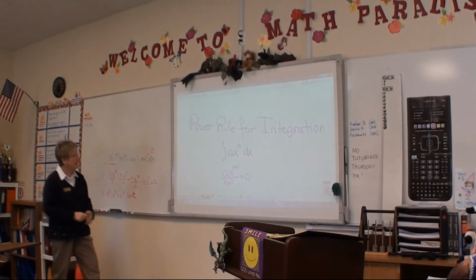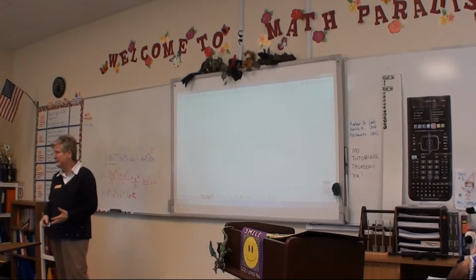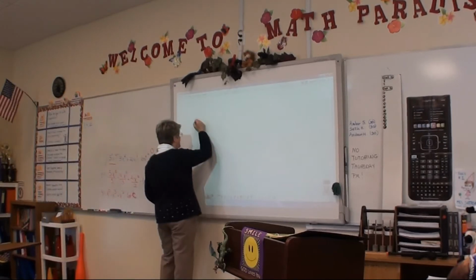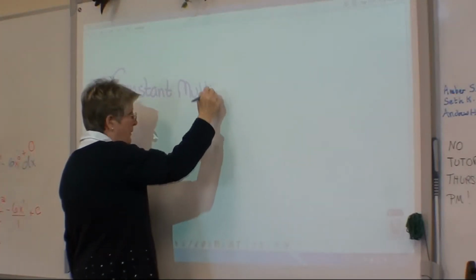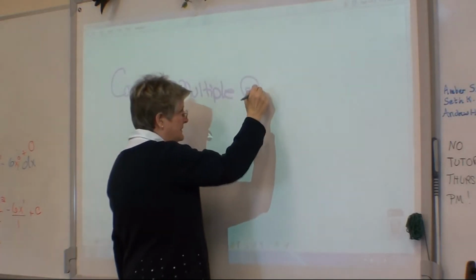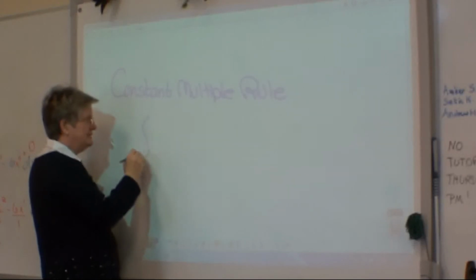Now, there is another one that is even more important than its counterpart on the derivative, okay? And that is the constant multiple rule. And this was not real important when we did derivatives, but it is going to be very, very important when we do integration.